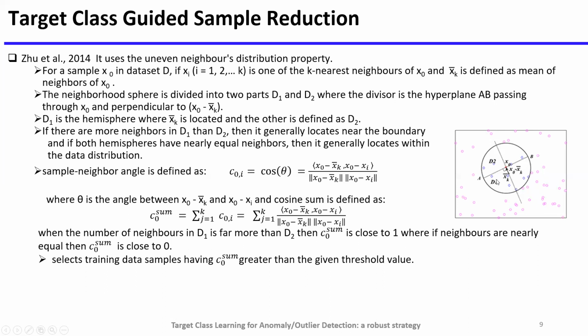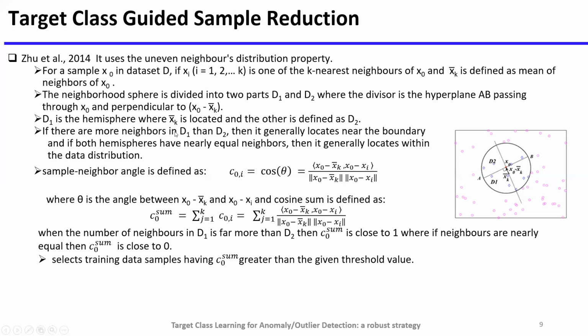So you must have a situation where this property holds. T1 is the hemisphere, that half, where xk bar, the mean, is located, and the other is defined as T2. You can see this in the diagram: D1 has xk bar, and D2 does not have the mean.